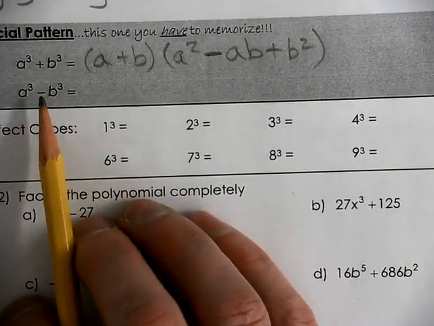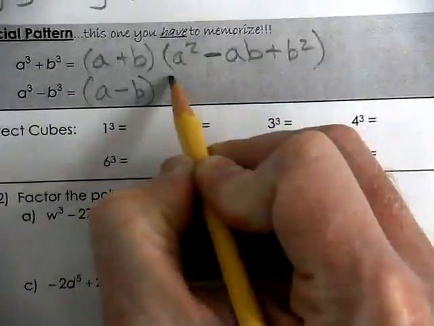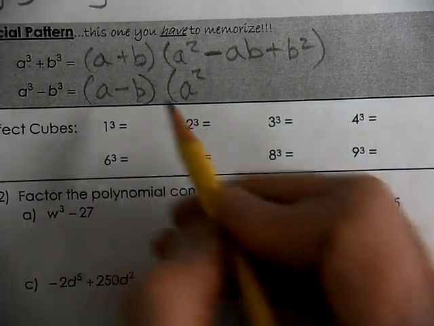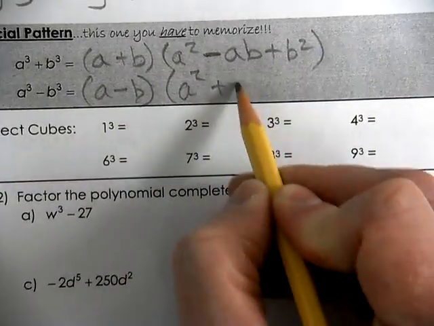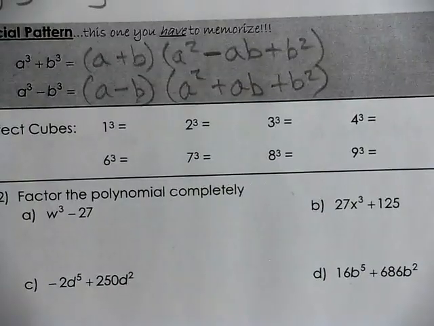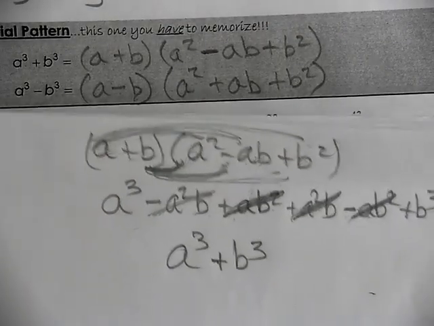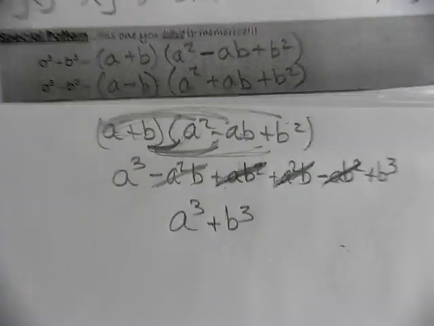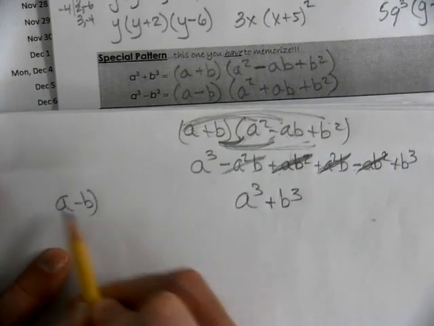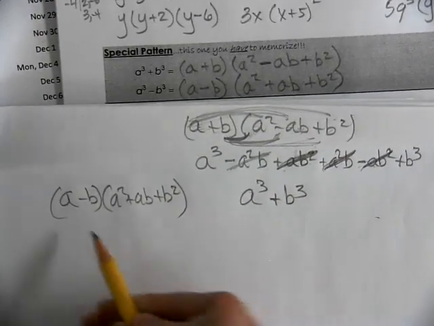And the same pattern is going to be true for a negative. A minus b, a squared, change the sign, ab, and then b squared. So what you're going to get here, a minus b, a squared plus ab plus b squared.